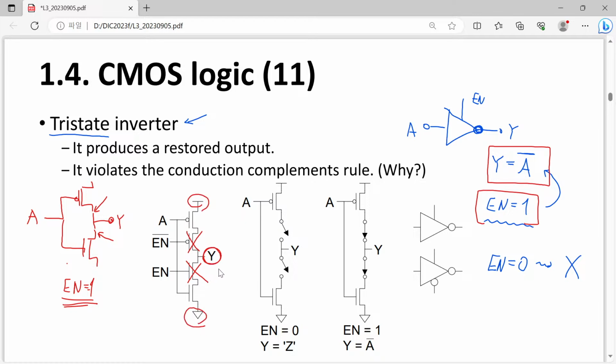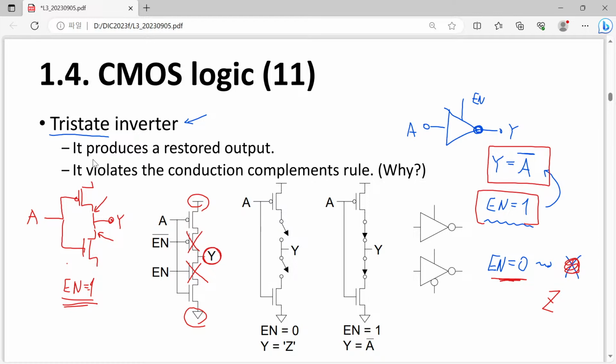So Y is just insulated from VDD or ground. So when the enable signal equal to 0, it becomes just a floating state.